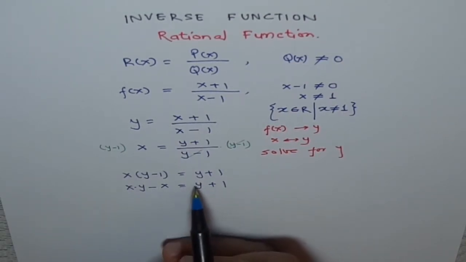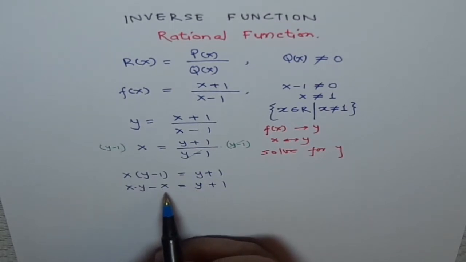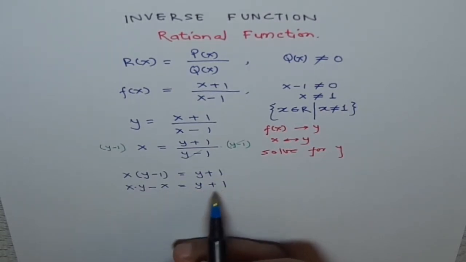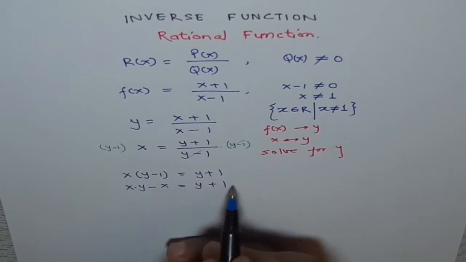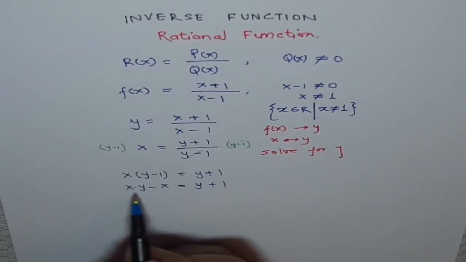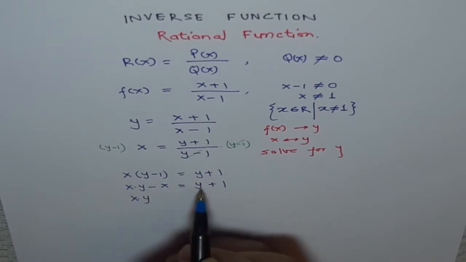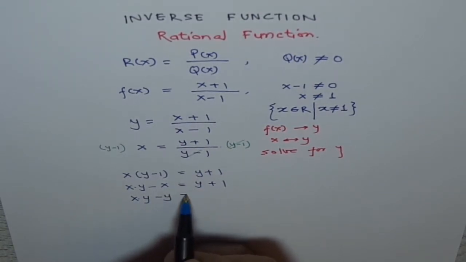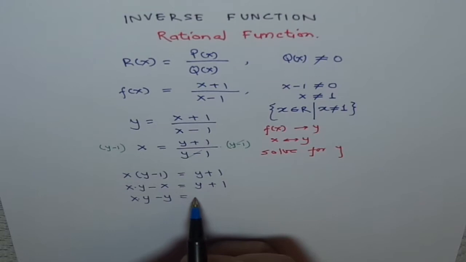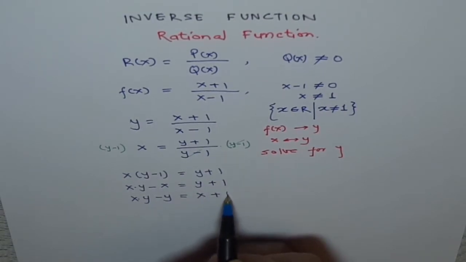Now bring the y terms to your left, because you want to find what y is in terms of x, and bring the x term to the other side. This has both x and y terms. We'll keep it here. x times y minus y equals, bring it to that side, it becomes plus x plus 1.